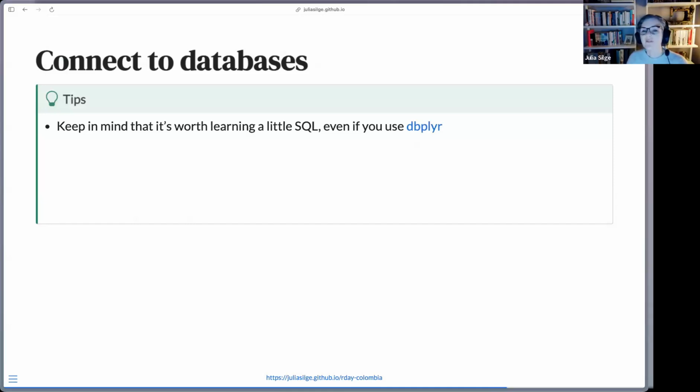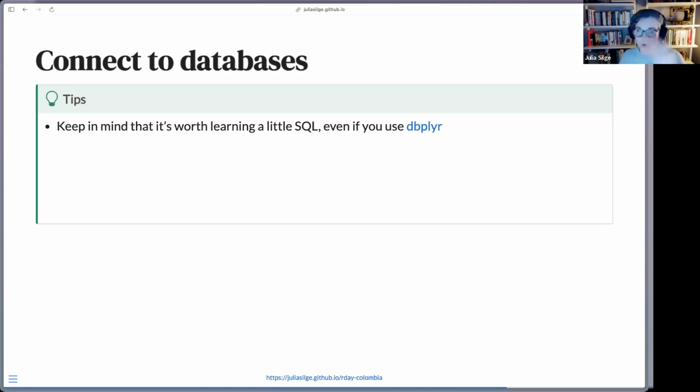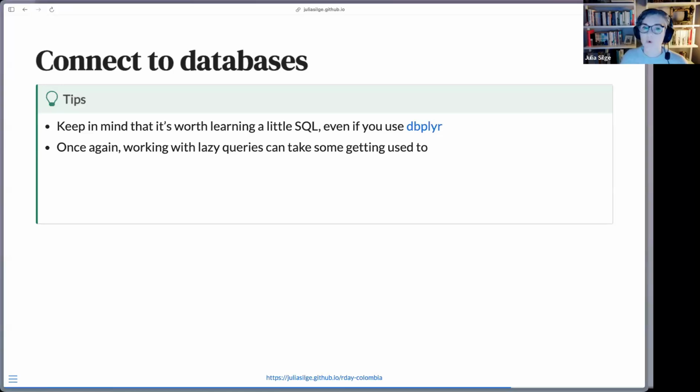Even if you're not really going to use it in your day to day, like if you mostly might use dbplyr, which is what I showed in the screenshot and the example code, where we were writing dplyr code to work with our database, it's still worth learning a little bit about SQL, because it can help you understand what's going on under the hood. The same thing applies here, that working with those lazy queries can really take some getting used to.